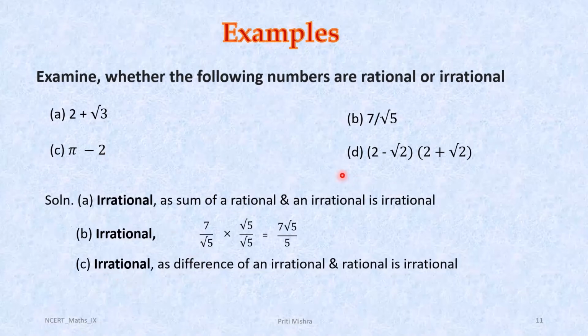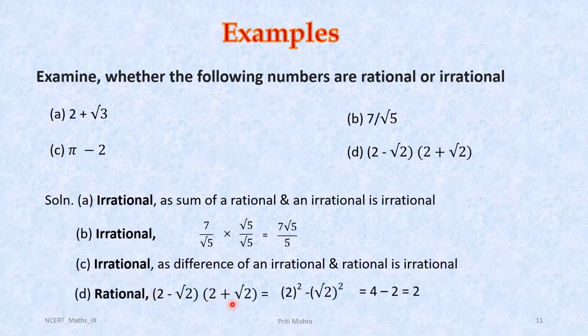In D part, we are having 2 minus root 2 and 2 plus root 2. And we have to multiply these two terms here. So with the help of the identity, we can solve it like this, and the answer is rational. 2 is a rational number. So after multiplying such type of two numbers, 2 minus root 2 and 2 plus root 2, the answer is a rational number.